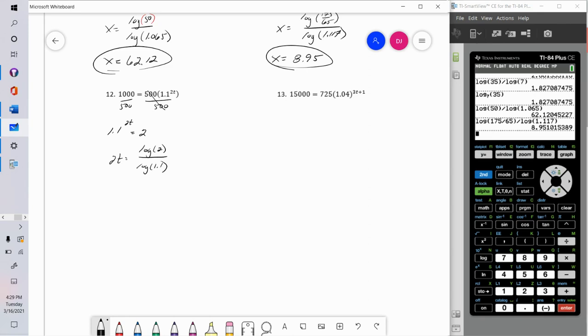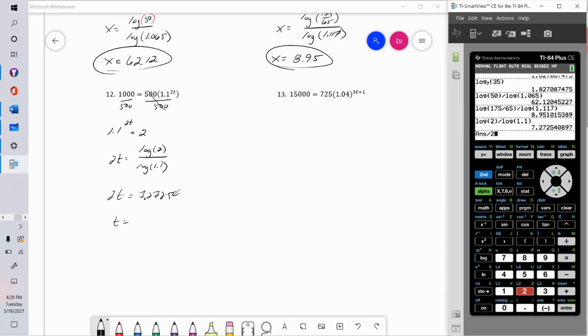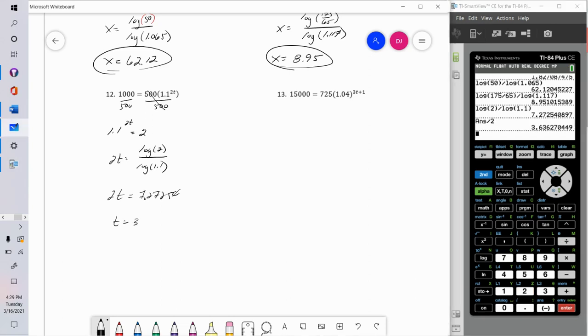So now when I go to my calculator, I've got the log of 2 divided by the log of 1.1. Now that's not t, that's 2t, is equal to 7.27254, and so on. To solve for t, I need to also divide this by 2. So t is 3.64.